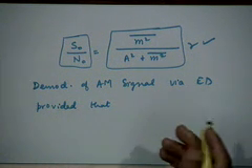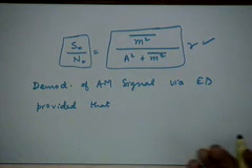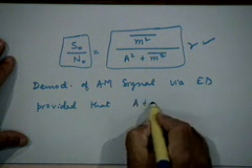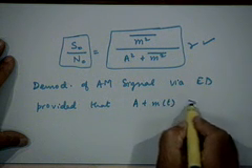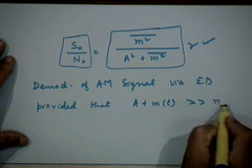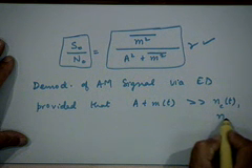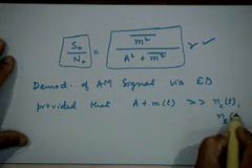Provided that noise is comparatively small compared to the carrier, right. That is, A plus m(t) is much greater than n_I(t) or the quadrature components n_c(t), n_s(t) for all t.